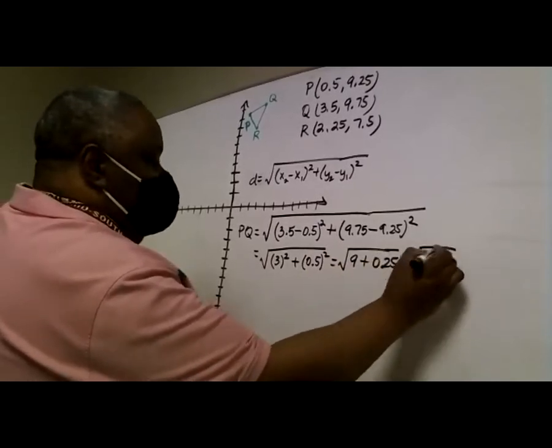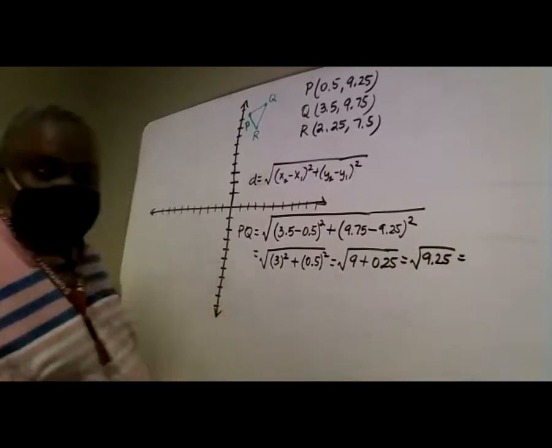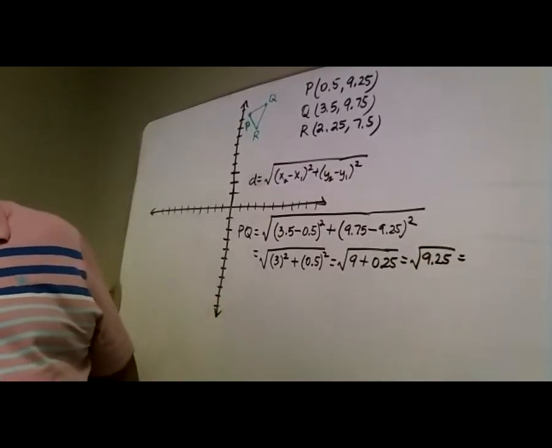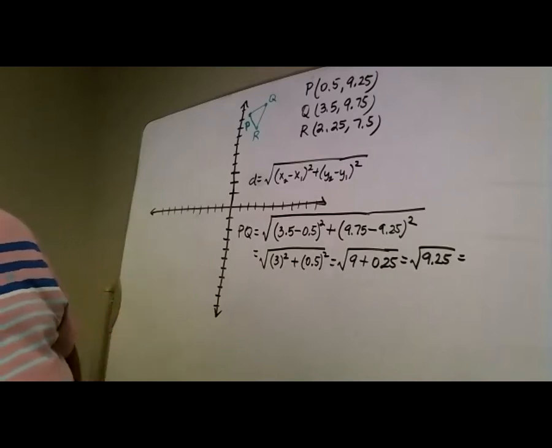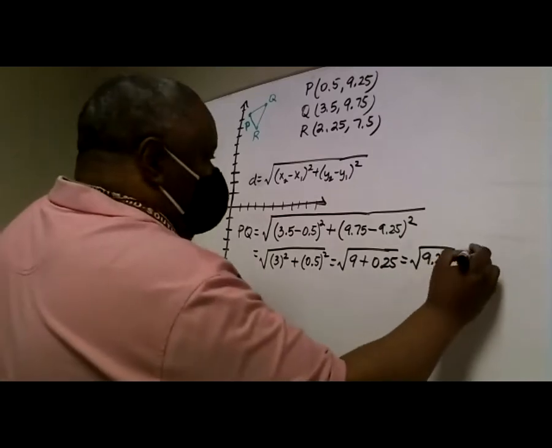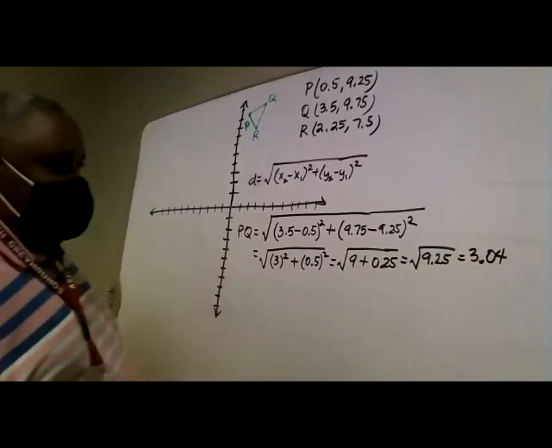Adding these two, this will be the square root of 9.25, which, to two decimal places, is 3.04. That's the distance of PQ.